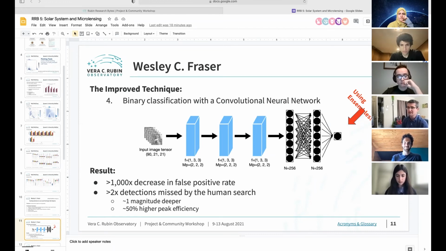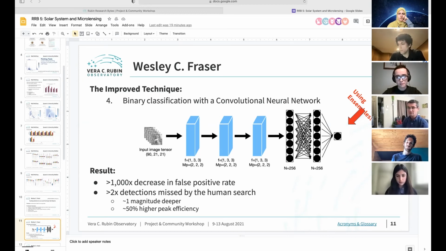Basically, a binary classification tool was generated that tells you the probability of a detection being a good moving object or not, where we use as input a tensor of basically a stack of all of the different rates of motion in a 3-dimensional image tensor. We pass it through something that looks like a pretty standard convolutional neural network, with the only real fancy thing about it being the use of ensembles, which we can talk about.